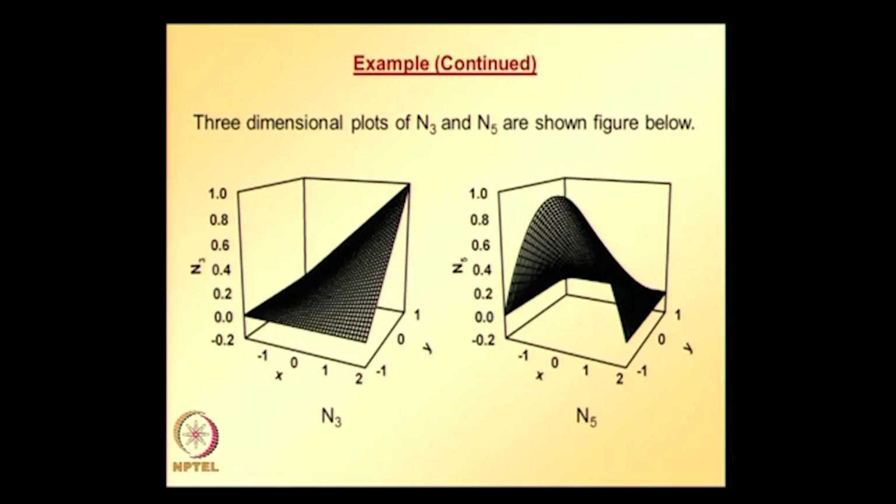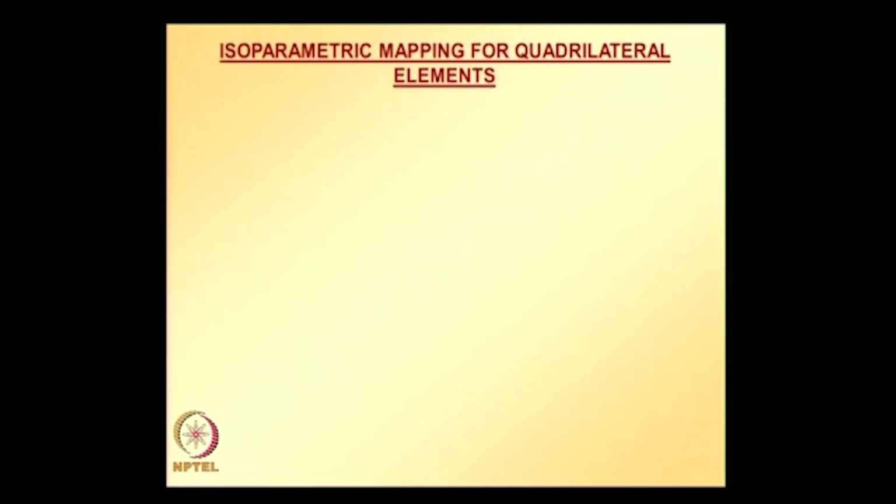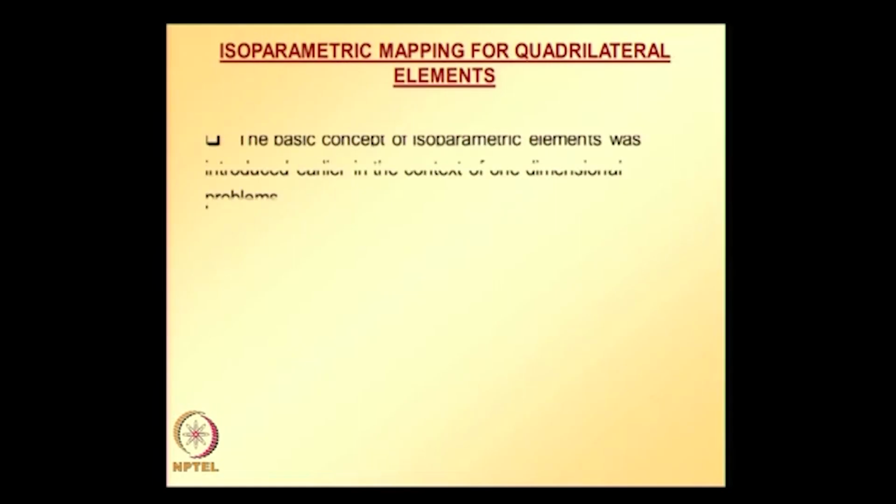So, now let us go to the other concept, isoparametric mapping for quadrilateral elements. If you recall, we have already looked at this when we were dealing with one dimensional problems. The basic concept of isoparametric elements was introduced earlier in the context of one dimensional problems.